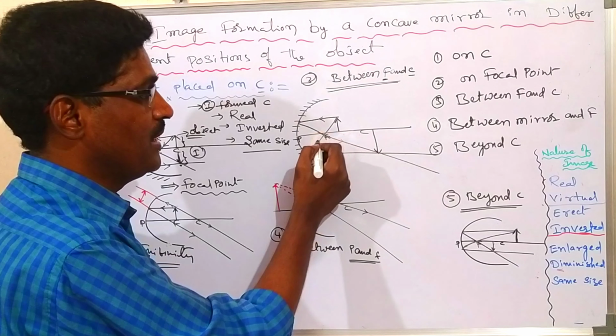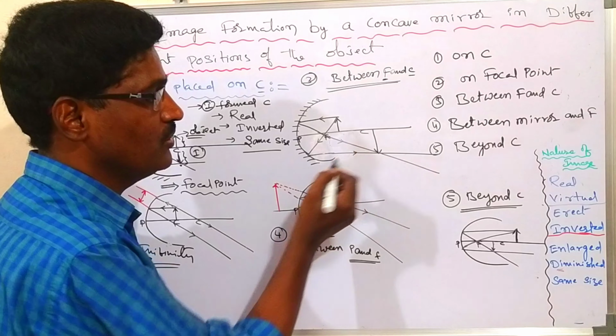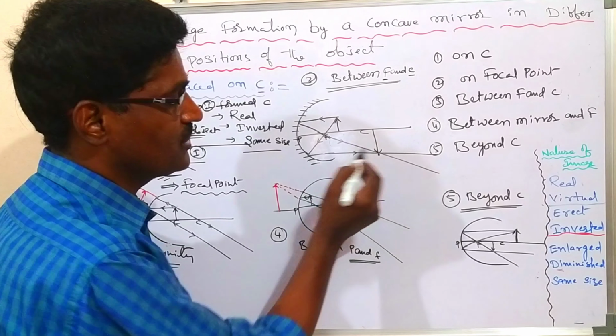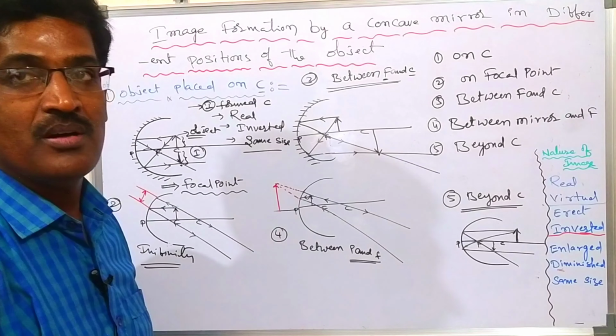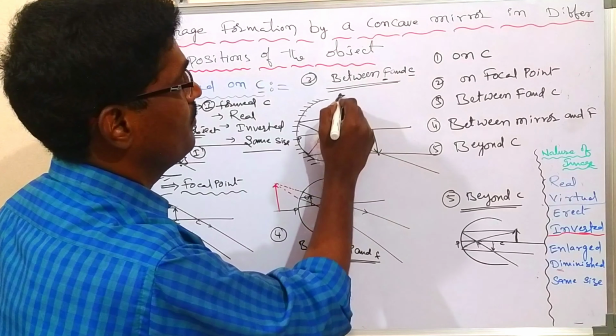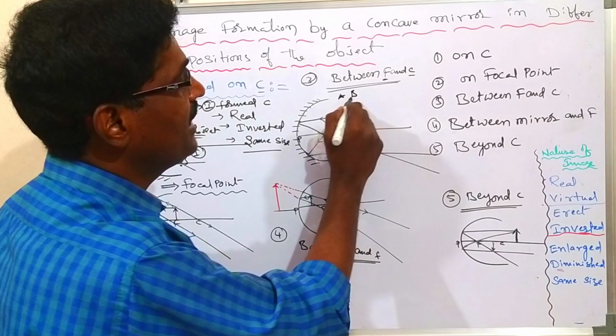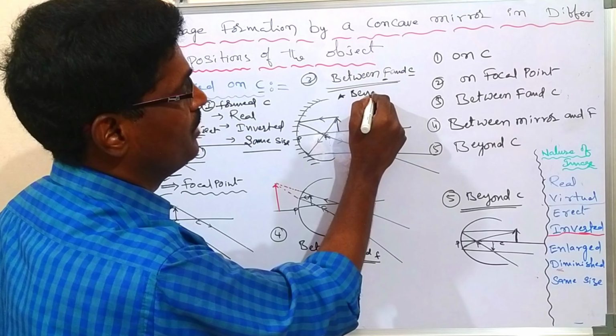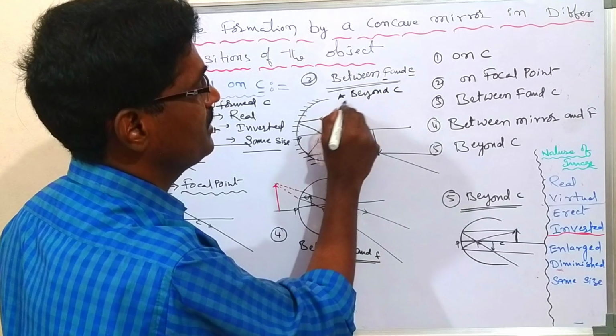Second one, passing through the focus and going parallel to the principal axis. Where the two rays meet in this position, the image is formed. Where is the image formed? The image is formed behind C.